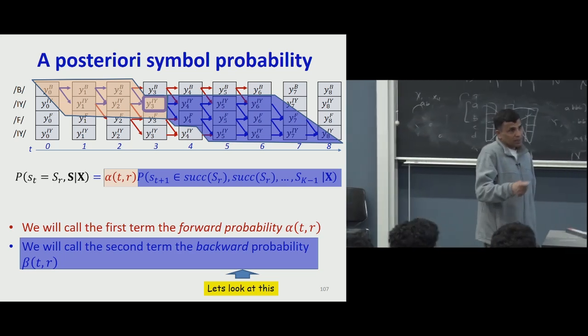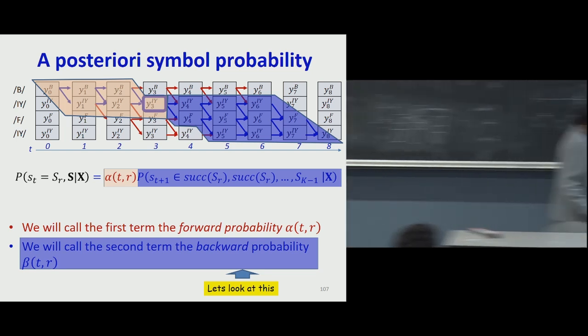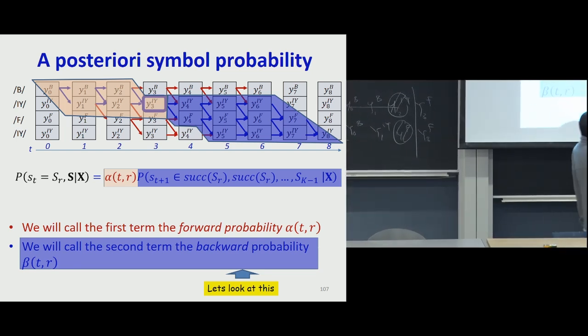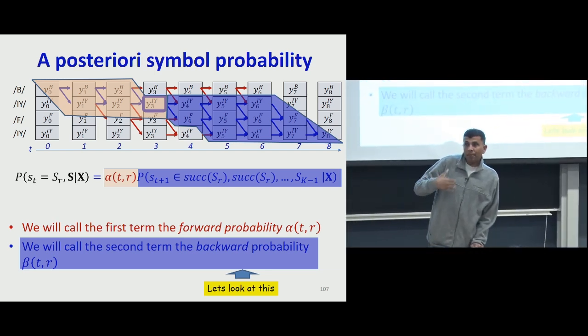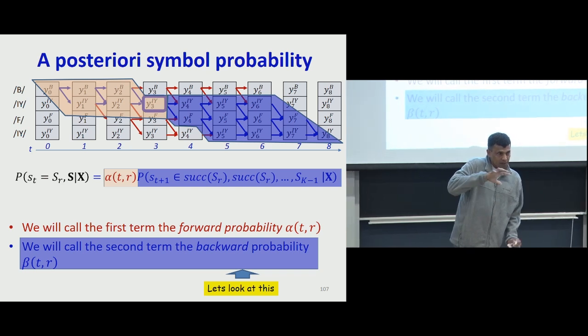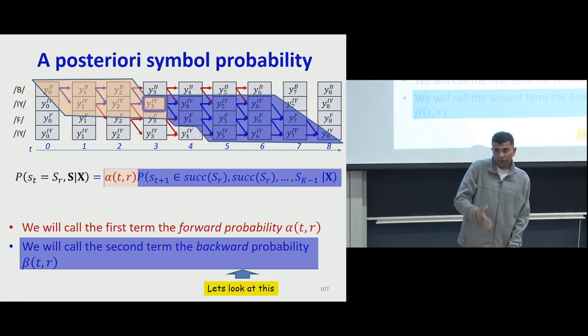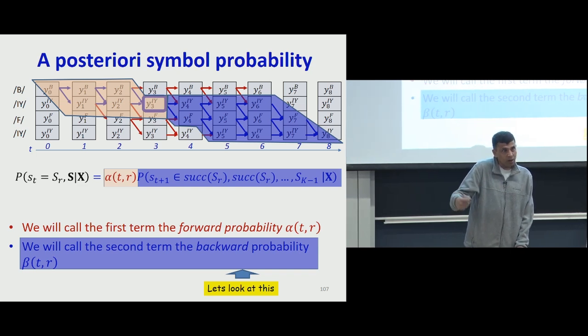And we represent it as beta t. So beta tr, now here is the interesting thing. Beta tr is the probability of the subgraph that follows tr. It doesn't include tr. It is the portion of the subgraph starting from tr till the final node, but not including tr.